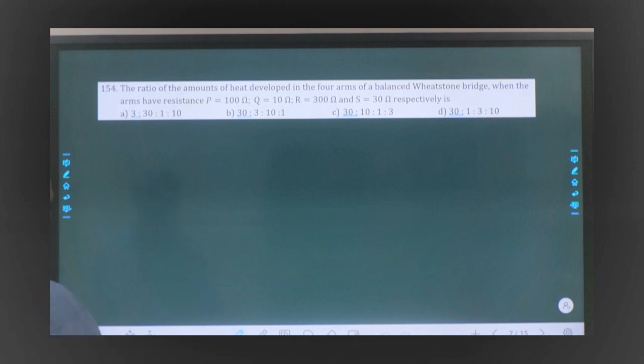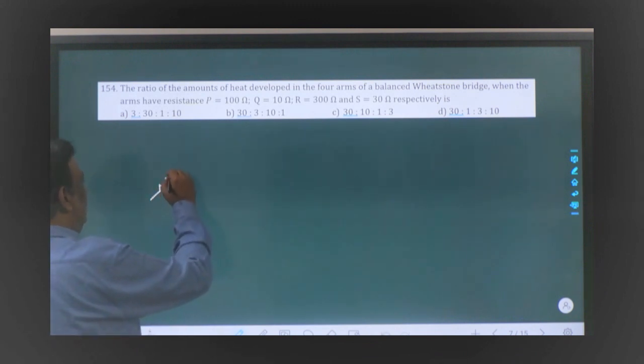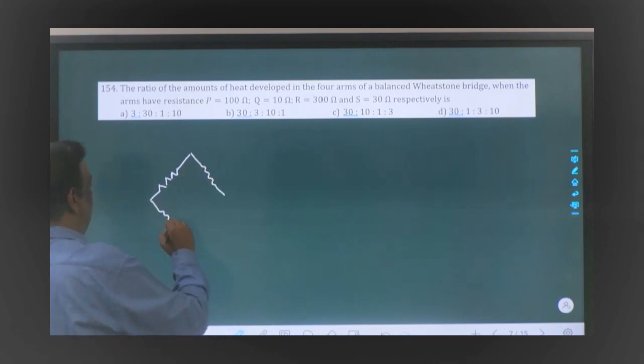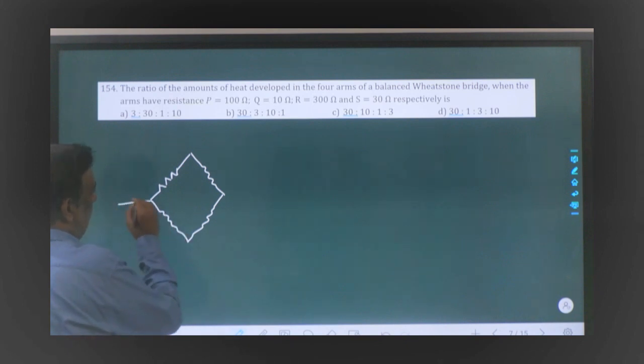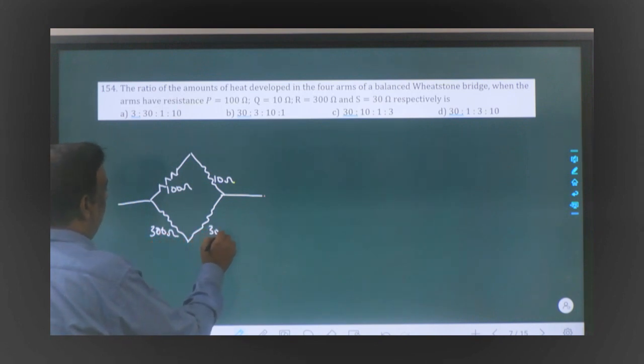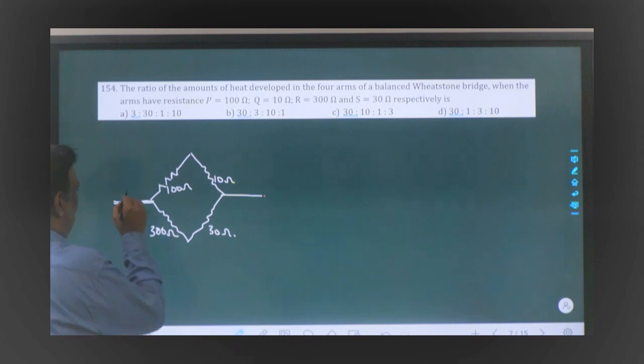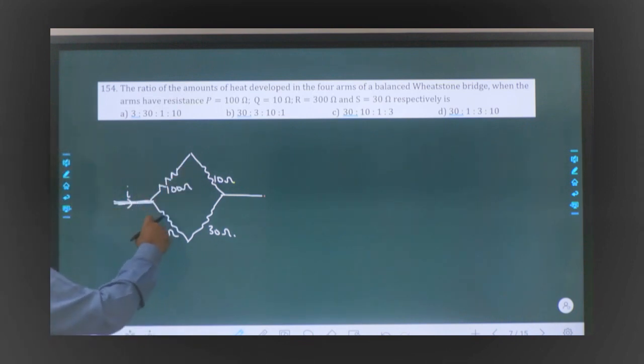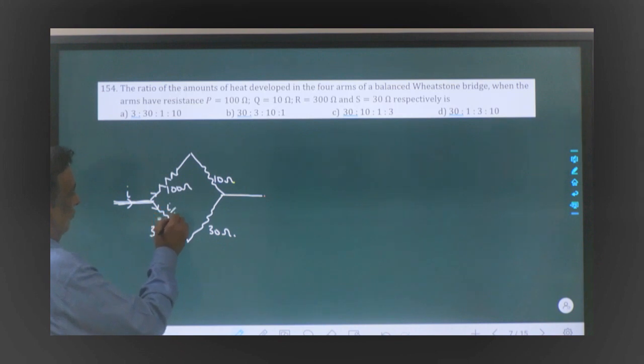So we are given a Wheatstone bridge, it is a balanced bridge. 100 ohm and 10 ohm. 100 ohm and 30 ohm. If we talk about current, current flowing through this is I. The ratio of resistance is given, this is R, this is 3R. So current divides unequally. If total current is I and this resistance is 3 times more, then the current in it will be 3 times less, and in this one more current will flow. So if I take I in this, it would be 3I. Or you can say if this is I by 4, this would be 3I by 4.